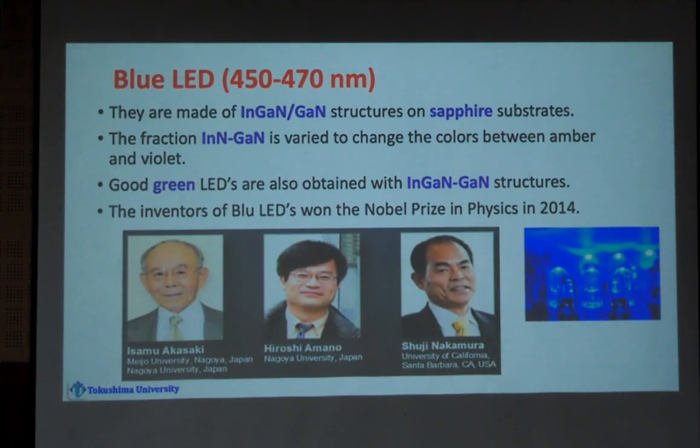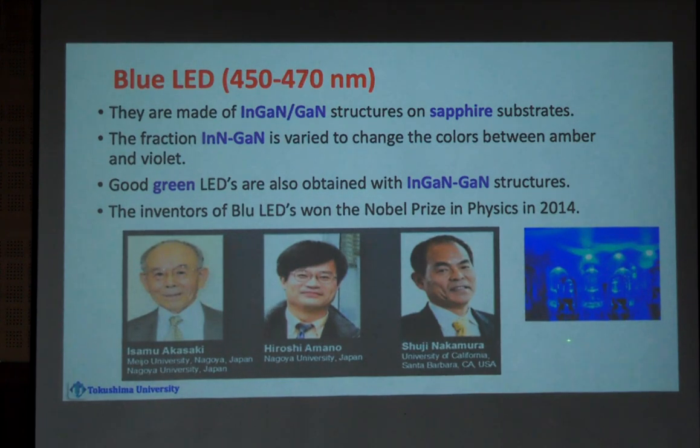You might know that the Nobel Prize in the field of LED was given to 3 Japanese scientists in 2014 because they created the blue LED. Now, you will say, why is the Nobel given to them?